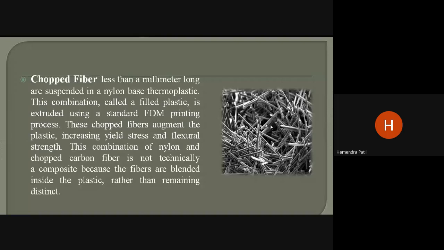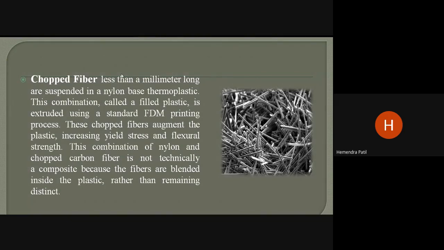Here I have shown some composite materials. The first one is chopped fiber. Chopped fiber is less than a millimeter long and is suspended in a nylon-based thermoplastic. This combination is called a filled plastic and is extruded using a standard FDM.